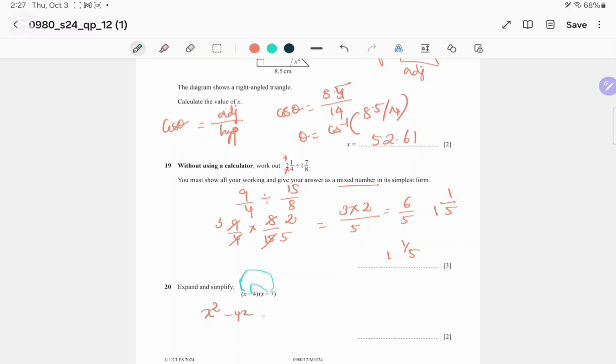You will get minus 7x. Minus of minus we can plus, it's 28. So x square minus 4x minus 7x is 11x plus 28. This is the answer. Show your calculation. Be careful with the signs and the symbols.